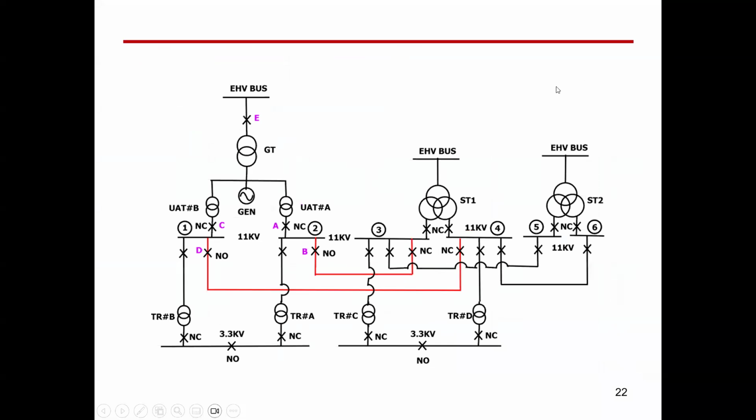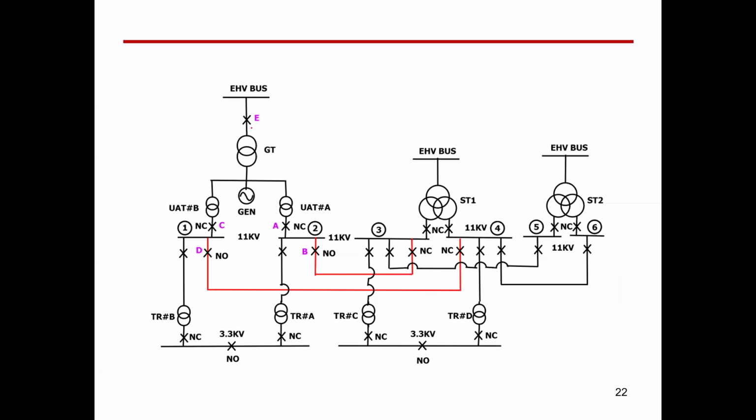What we can see here is something called EHV bus. Maybe this is extra high volt, I don't know what this EHV stands for. Any plan like that, guys, would have a key explaining the meaning of every symbol. So I'm assuming that EHV may be extra high volt bus. This is a bus bar with a certain voltage magnitude, which I don't know, but I can say this is a bus.